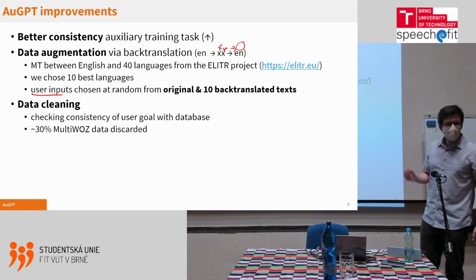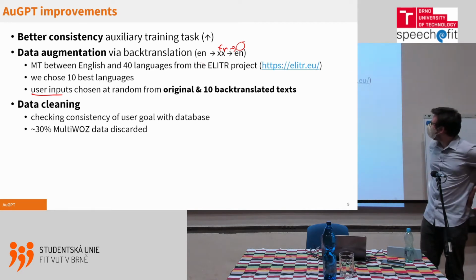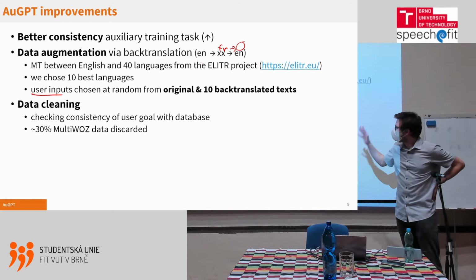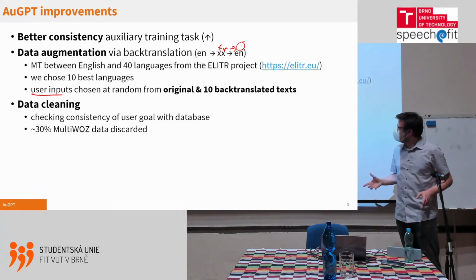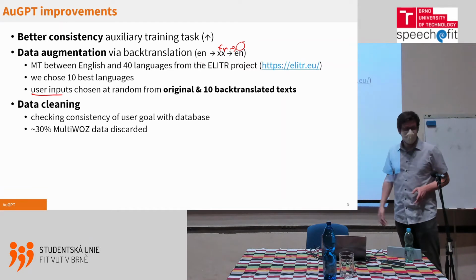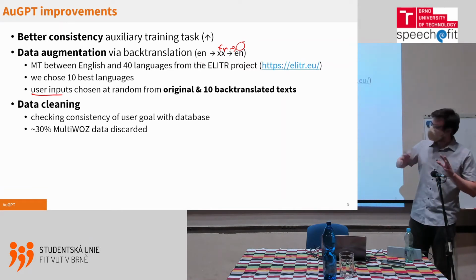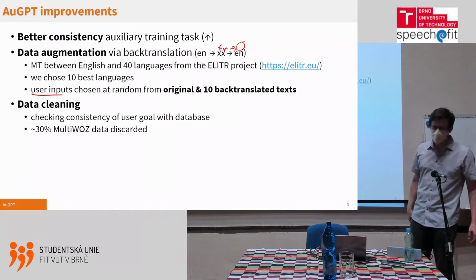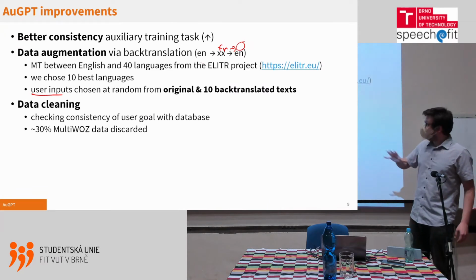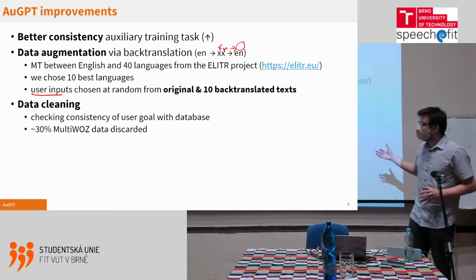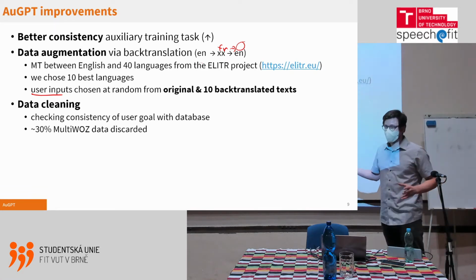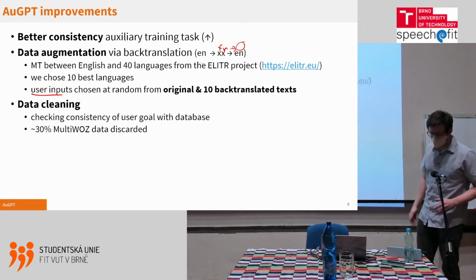So I think Jonas wrote just a few rules to check whether there are errors in the data that were easy to detect, and we basically just discarded about 30% of the data and used just the rest for training. And even though it's just 70% of the data, it actually works better than training on all the data, because there's less noise in the data.